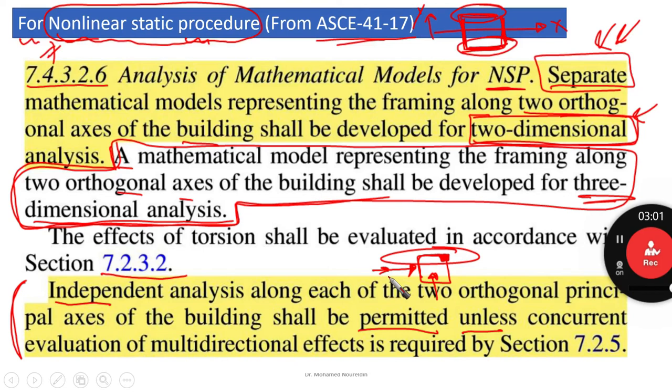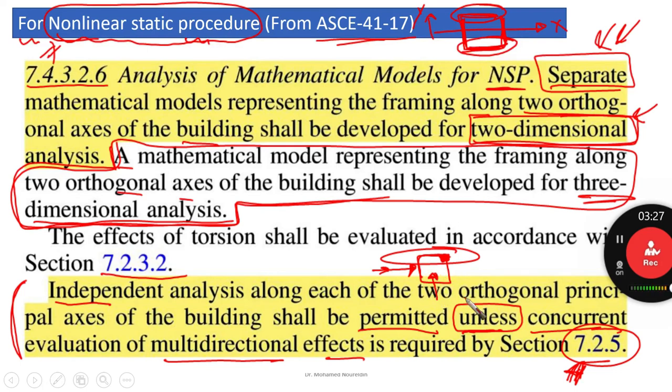Okay. So in this case, if it's permitted, it's okay. If not, then there is a concurrent evaluation of multi-directional effects required by this section. So based on this section, we can tell whether or not it is allowed for a particular element to use separate two-dimensional analysis.